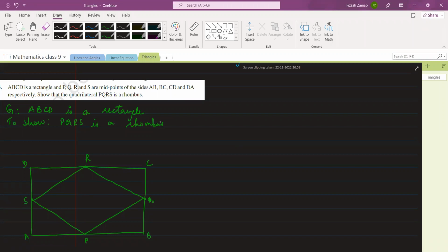Second step, that all the sides are equal. Clear? Okay, so again we do one construction here. We join this AC. So construction is join AC.